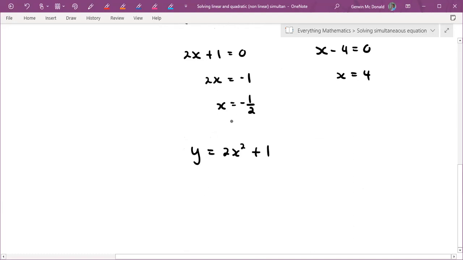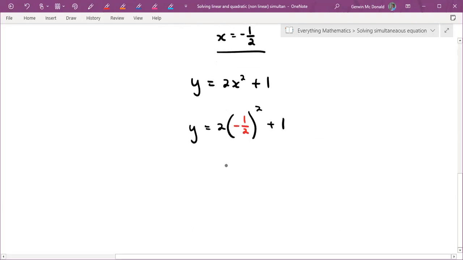So when x is negative a half, y will be equal to 2 into, and inside a bracket, I'm putting negative a half, hope you understand where that comes from, squared plus 1.